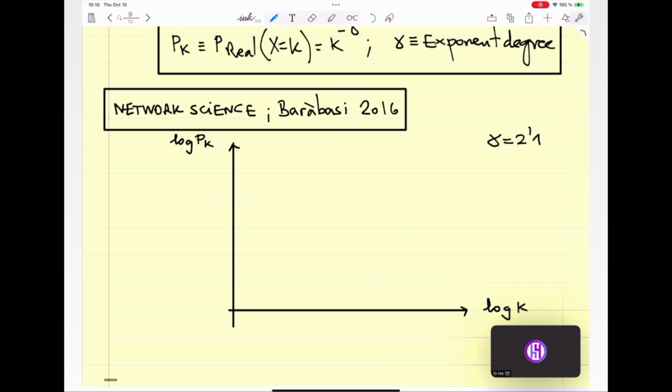Real networks behave like this. So real networks go in a constant slope in a log-log representation.